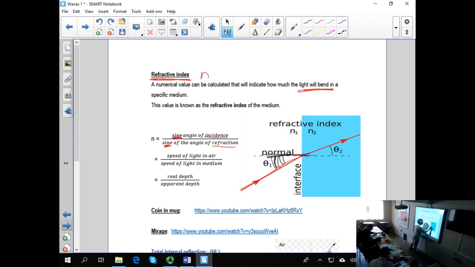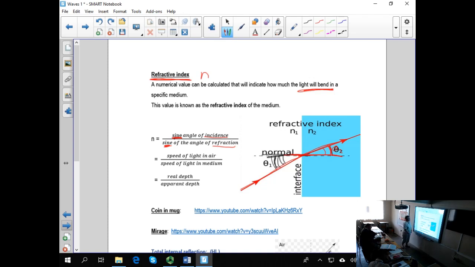So where's the refracted angle? Well, if that's the normal and that's the ray, there, it's labeled theta 2 in this case. That is the angle of refraction. So sine of angle of incidence divided by sine of angle of refraction will give me the refractive index.